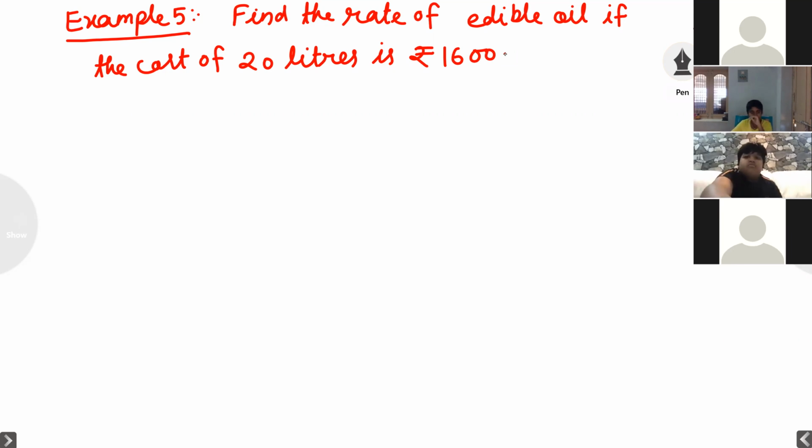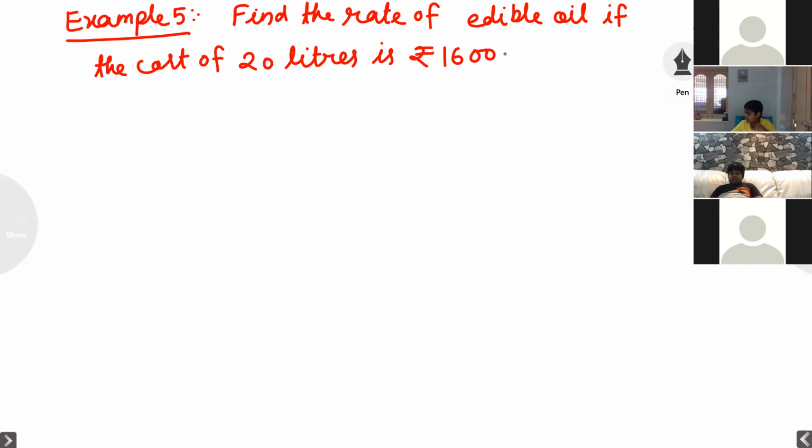What is the meaning of edible oil? The oil that is suitable for use as food is called edible oil. Any substance that can be used as food. Normally in our home we use sunflower oil. Marigold is there, Fortune is there, so many brands. These are edible oils.